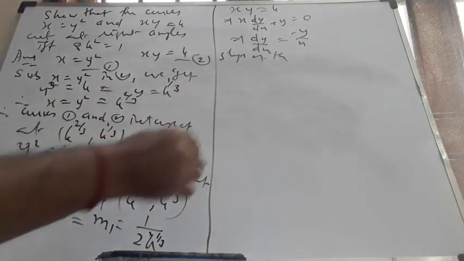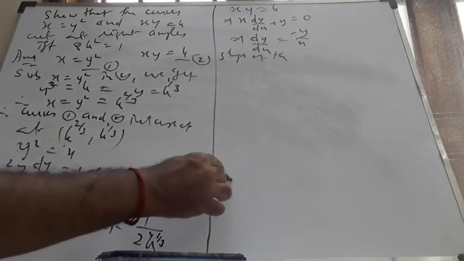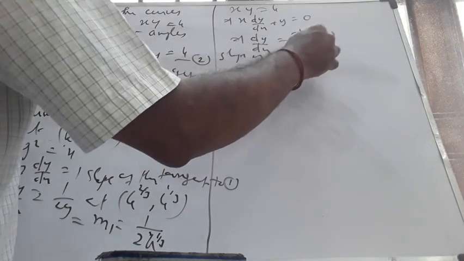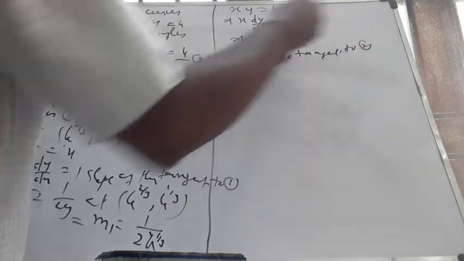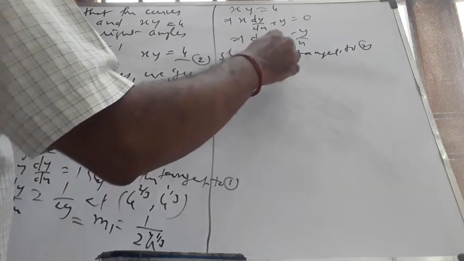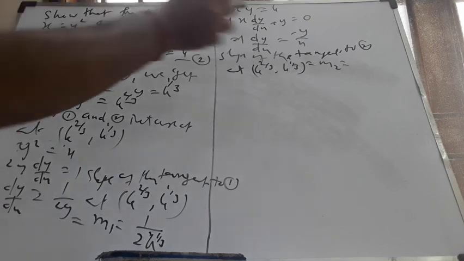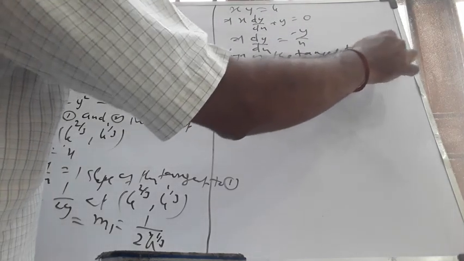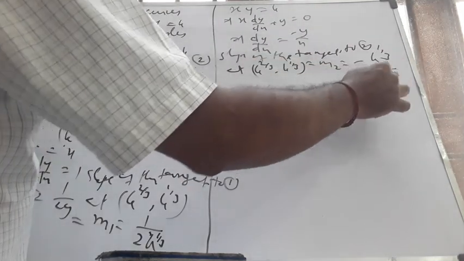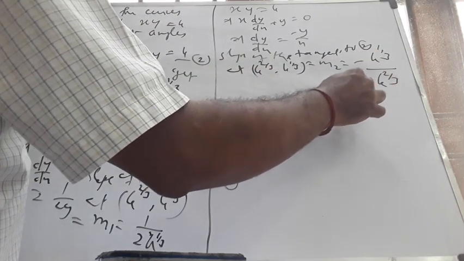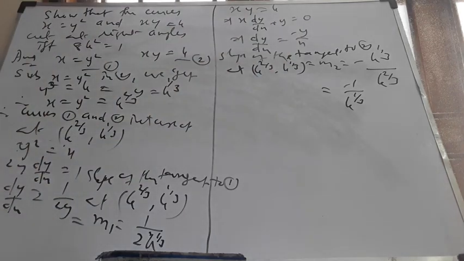So the slope of the tangent to curve 2 at k power 2 by 3 comma k power 1 by 3, I call it m2. Here let me substitute: minus k power 1 by 3 by k power 2 by 3, which is minus 1 by k power 1 by 3.